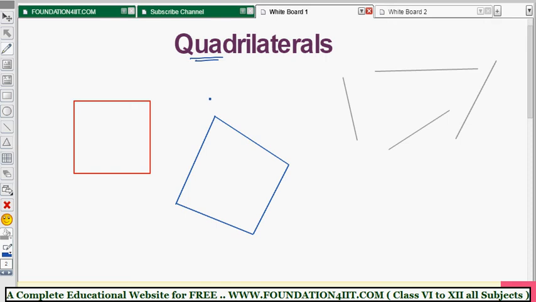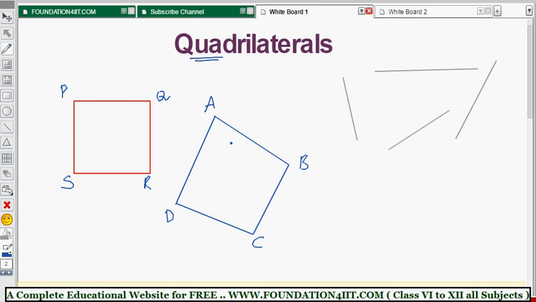Now you can name the vertices A, B, C, and D. And this is another quadrilateral, taking PQRS. According to the shapes and sizes, we have different names of quadrilaterals: square, rectangle, trapezium, rhombus. I will show you all of them one by one.